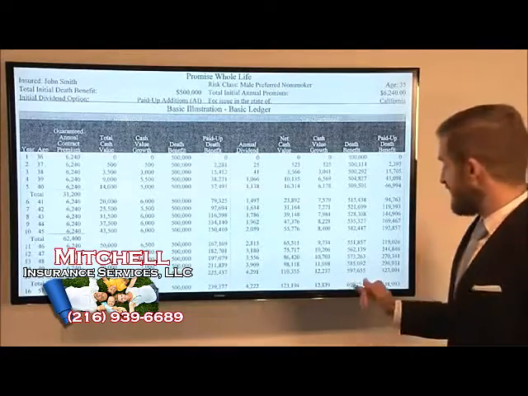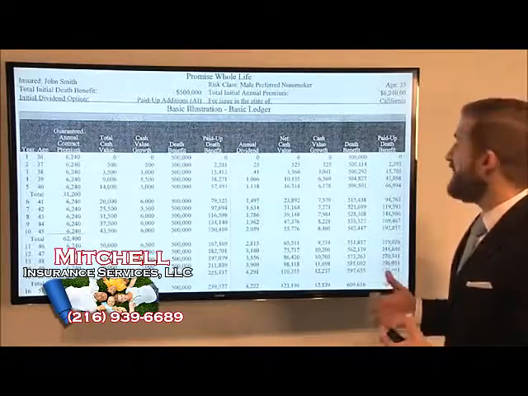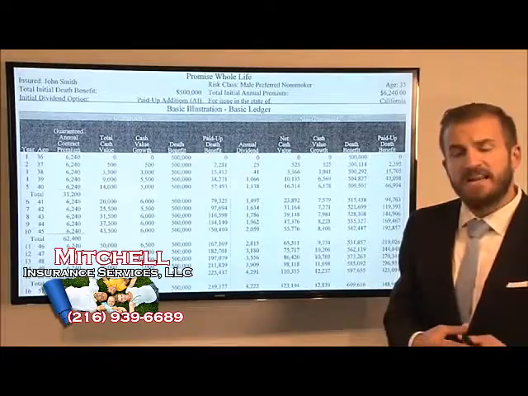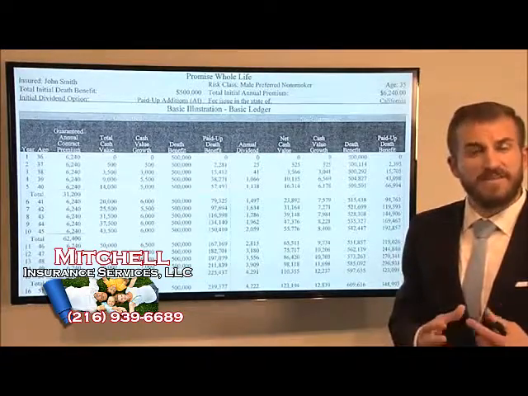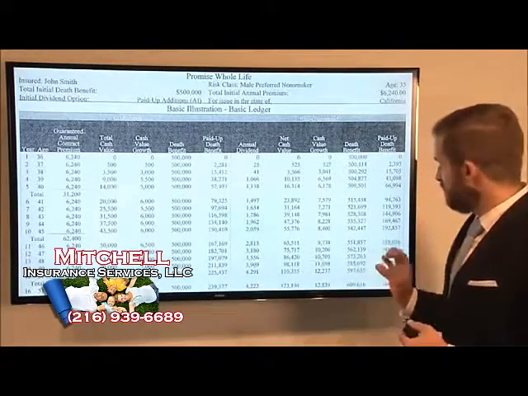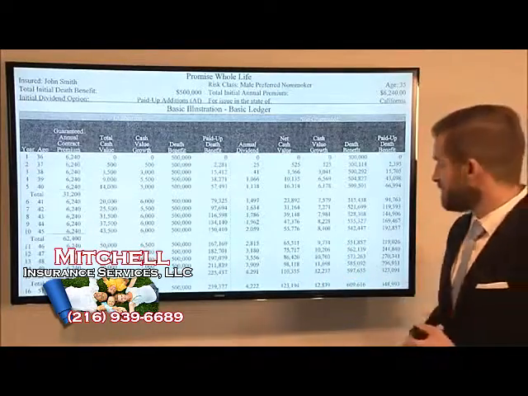And where does that $97,000 come from? It actually comes from the paid up additions that are being added to this policy. In another video, we talked about the different types of dividend options that are available. In this illustration, we're showing a paid up addition option. So more sticky notes, if you've seen that video, are being added to that policy.